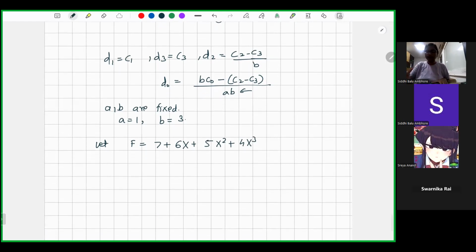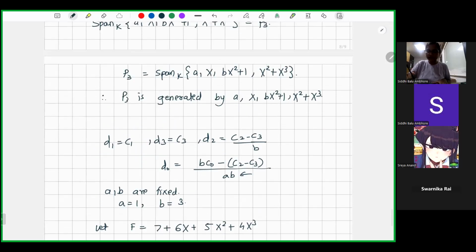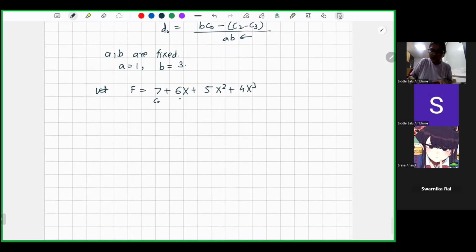We do not care. And from what we had started, this is my C0, this is my C1, this is my C2, and this is my C3.